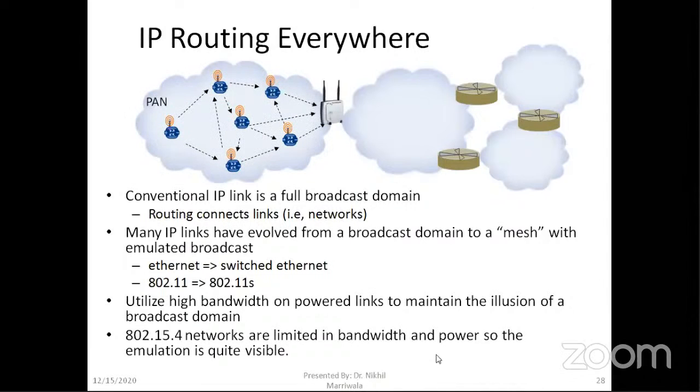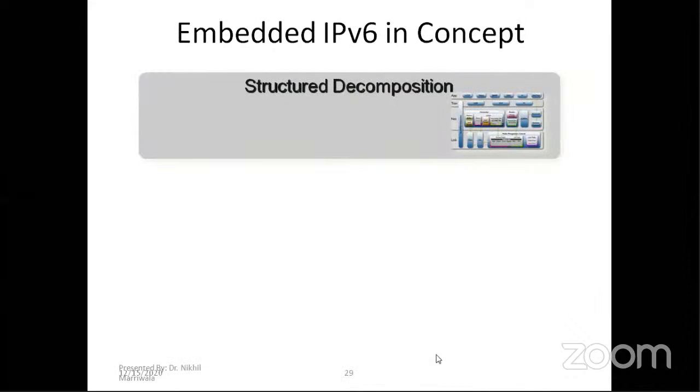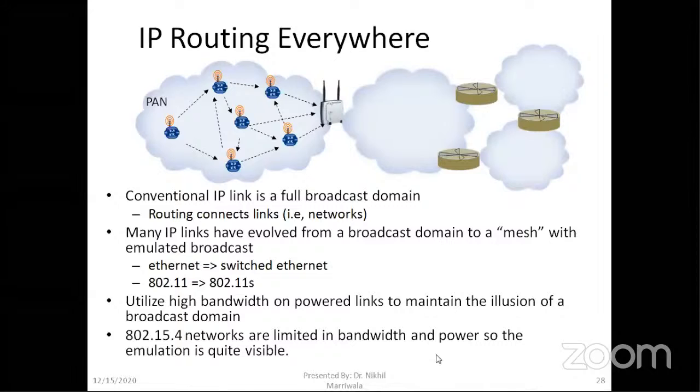IP routing is used everywhere, wherever you see the internet being used, and it basically utilizes the conventional IP link. You can connect to any of the Wi-Fi networks available around you. The only thing you require once you connect is the password, if it is password protected.